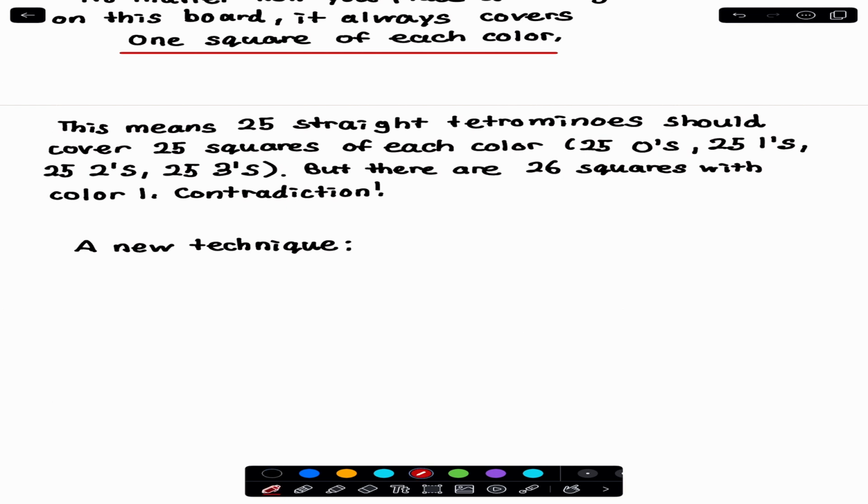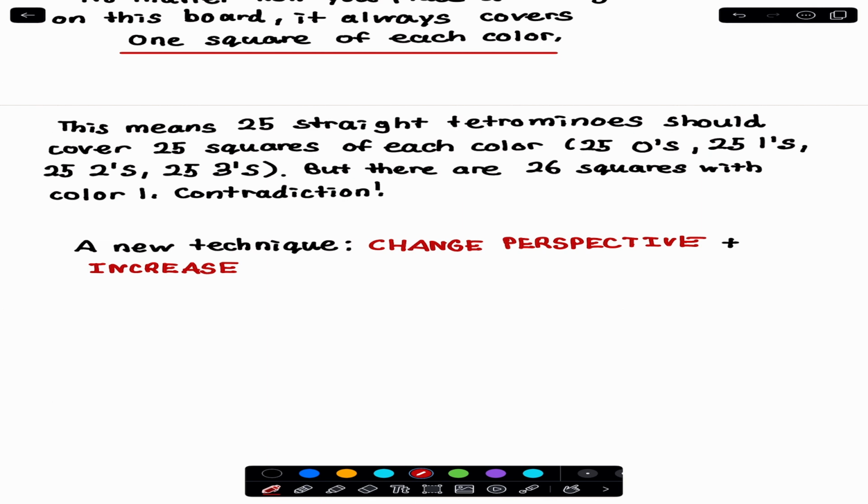So sometimes you're probably going to have to change your perspective and increase the number of colors.